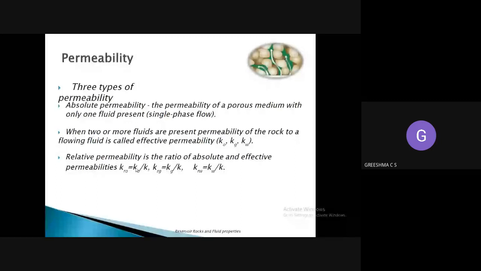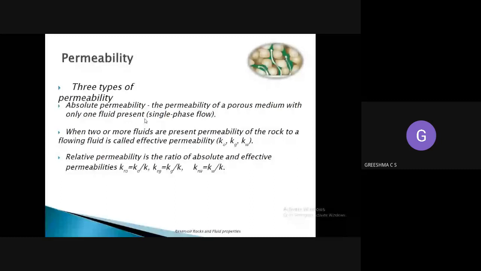So this rock mass, or medium, which allows the passage of only one fluid, is called absolute permeability.